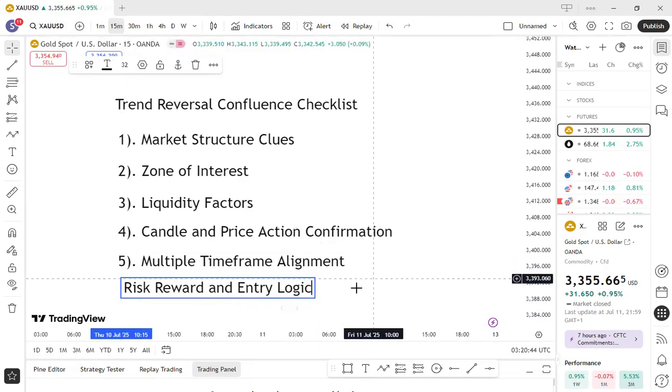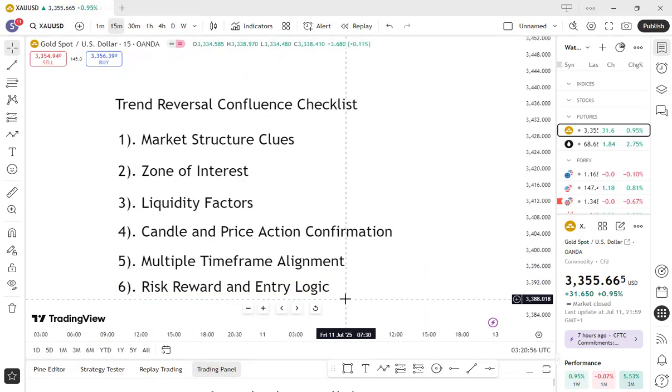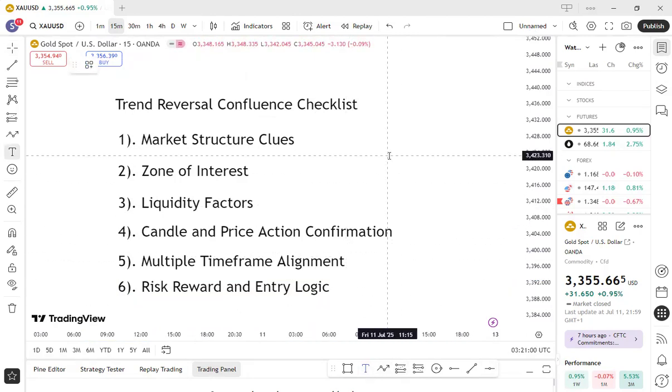At least you should be taking two risk reward or three risk reward. These are the high probability risk reward setups. At least two risk reward, three risk reward.